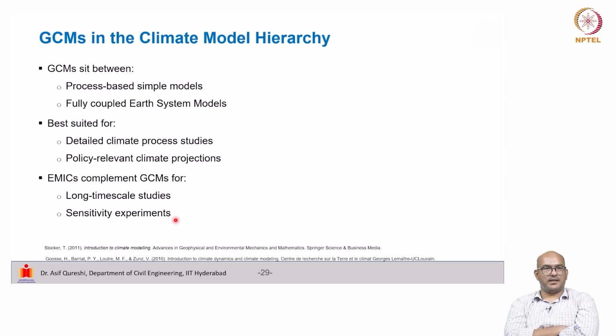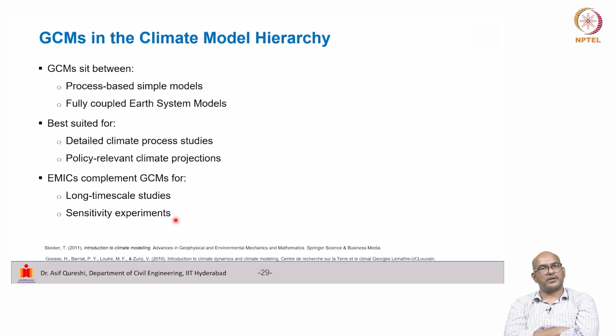So, with this we basically come to the end of the course, where we have studied the basics of climate modeling, energy balance models, numerical schemes to represent different processes, an introduction to intermediate complexity models, and a short introduction to the general circulation models.